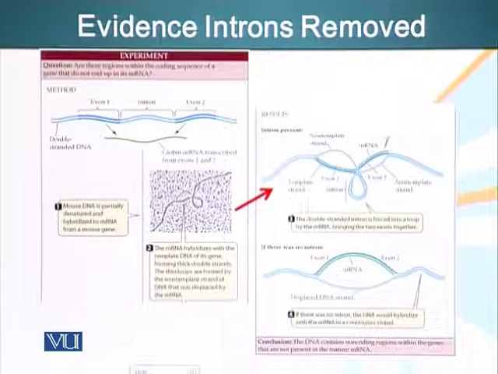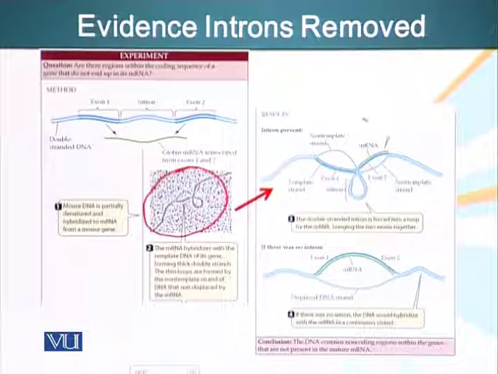We take that out and we hybridize it. RNA and DNA have to have complementarity to hybridize with each other. When we look at the electron micrograph of this hybridization, this is the structure we see. We would not see this structure unless there were regions which were deleted from the messenger RNA.